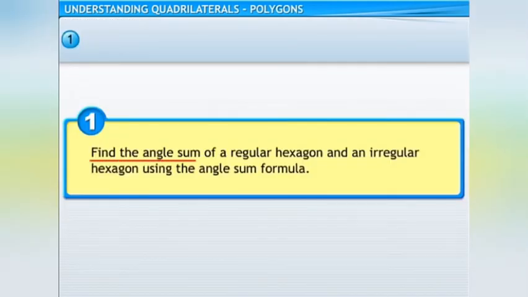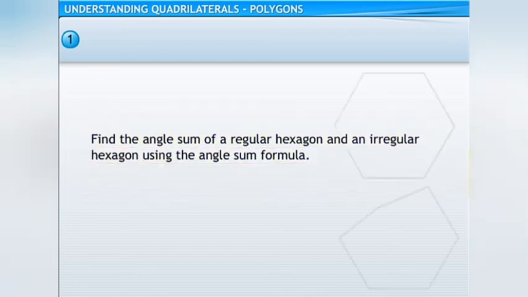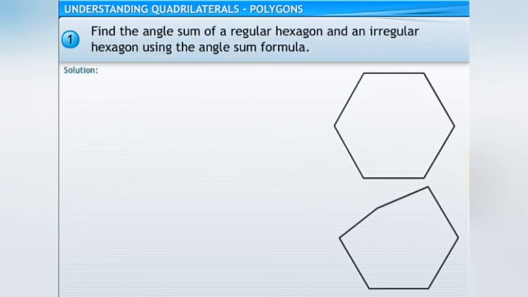Find the angle sum of a regular hexagon and an irregular hexagon using the angle sum formula. We are given two polygons. We have to find the angle sum using the angle sum formula. As we know, the angle sum of a polygon depends on the number of sides and not on the length of the sides.